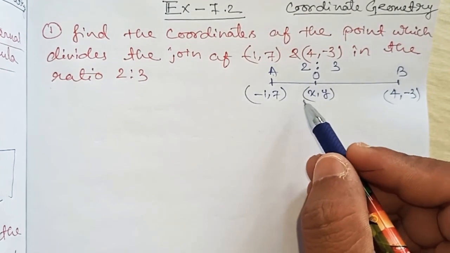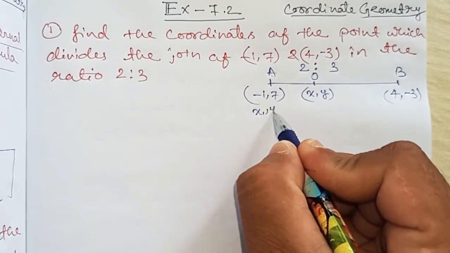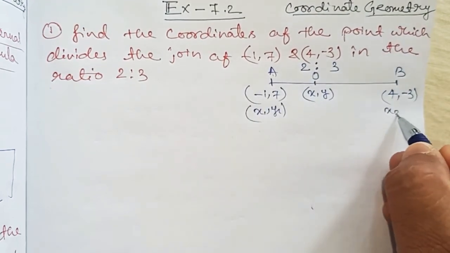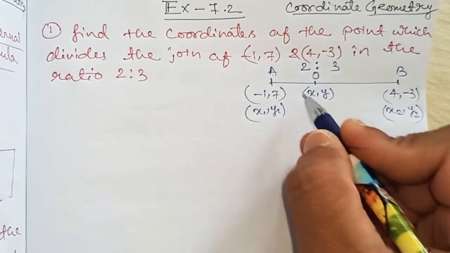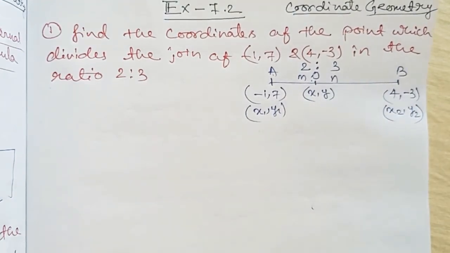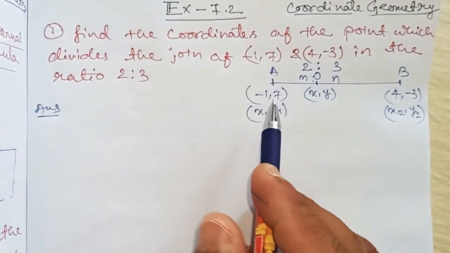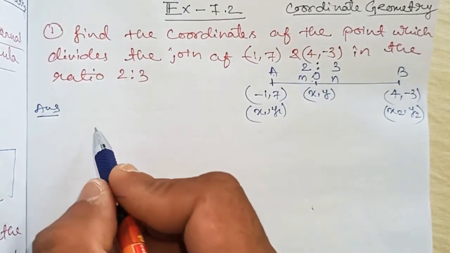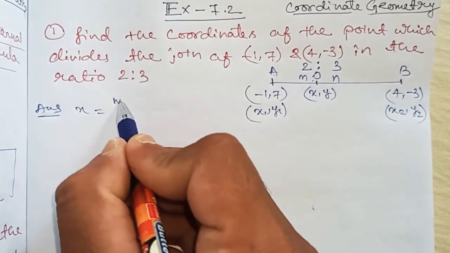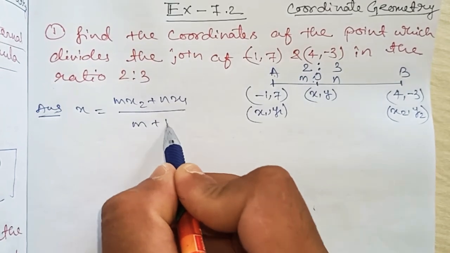I told you already that the first coordinate we always take as x1 y1, the last coordinate as x2 y2, and the ratio will be m:n. Now we will find the value of x by using the section formula, that is x equals mx2 plus nx1 by m plus n.